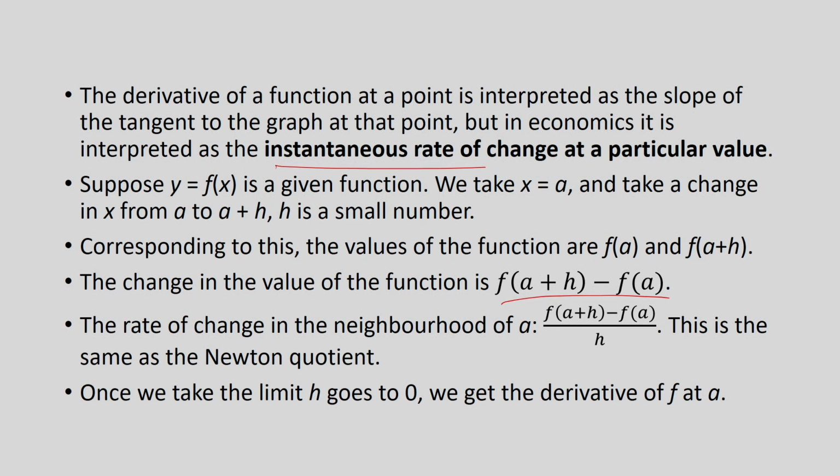The rate of change in the neighborhood of a is, in the numerator the change of the value of the function, and in the denominator the change in the value of the independent variable, which is h. This is the same as the Newton's quotient. Once we take the limit h goes to 0, we get the derivative of f at a. This is what I just explained, that the derivative of a function at a particular point is the instantaneous rate of change at a particular value.